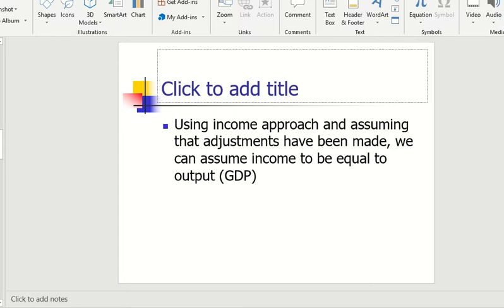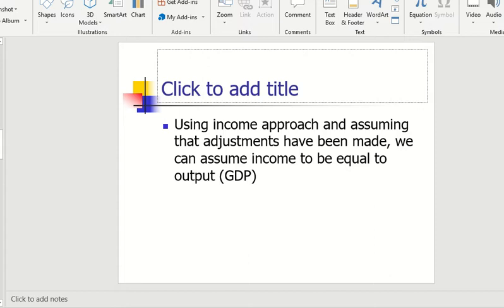Okay, so now we're going to derive a consumption function graph. So before we do that, let's go back to an assumption that we make. When you recall the beginning of the semester, when we calculate GDP, in addition to the expenditure approach, we also introduce ourselves to the income approach.